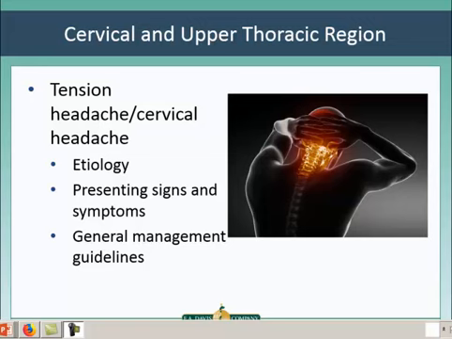People who tend to get pain when they're sitting at a desk or driving in a car or watching television may have cervical issues that are causing that headache. It can be related to trauma, degenerative joint disease, or sedentary lifestyle, and it is more predominant in females, but males do get cervical headaches.